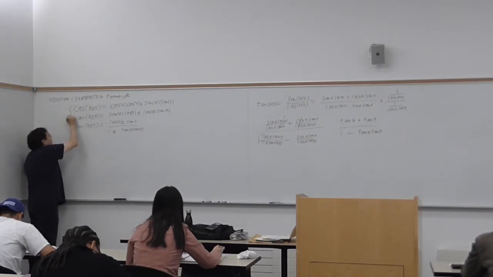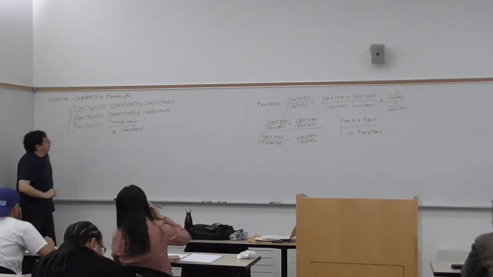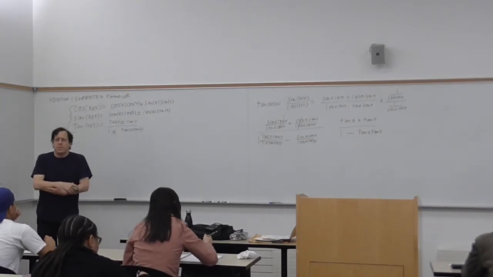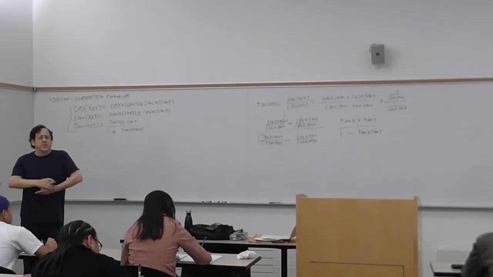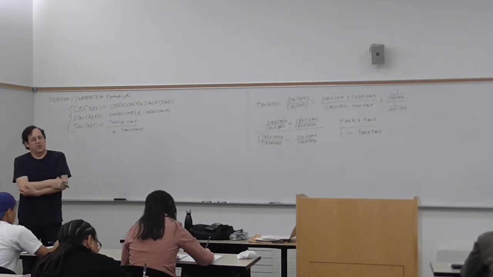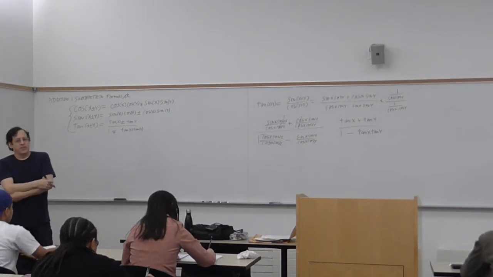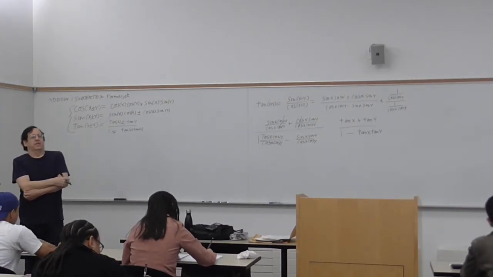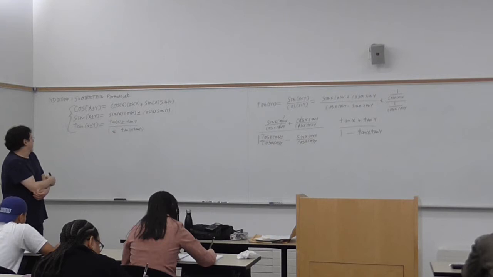Okay, so here we have our three basic addition formulas. We could really grind you into the dirt here by trying to do the cotangent, the secant, and the cosecant. It's not necessary.